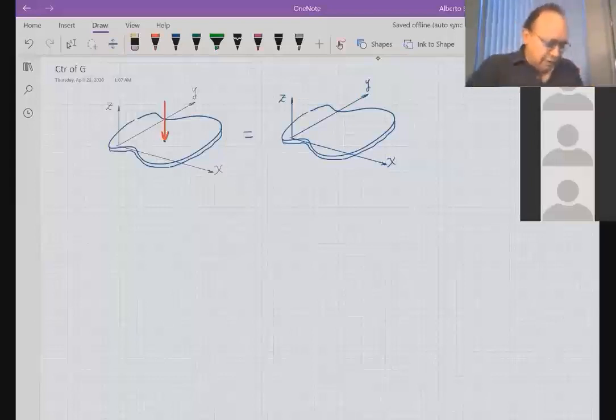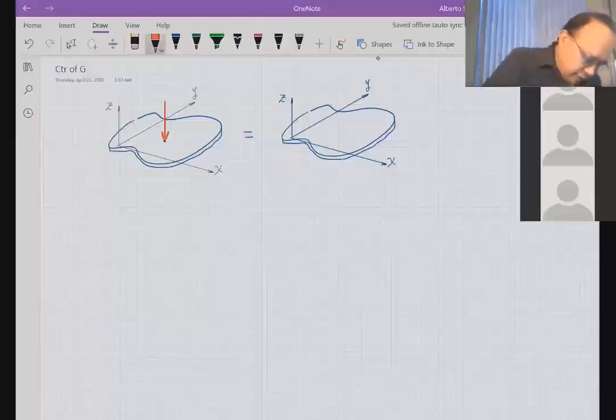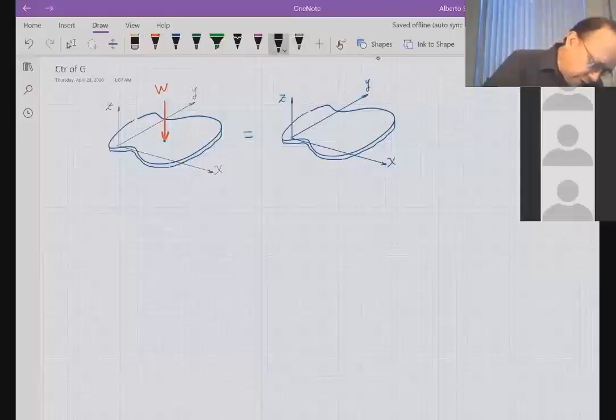The plate on the left is the plate which has already all the weight concentrated in one point, and that point is the location of the center of gravity, where the coordinates of that point are called y bar and x bar.